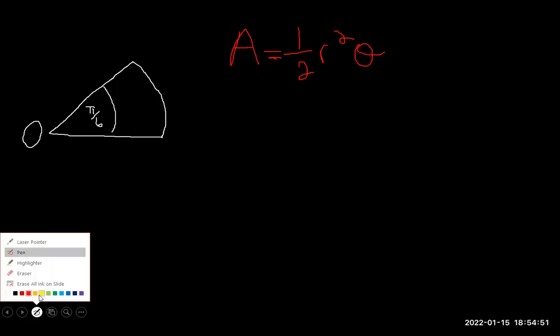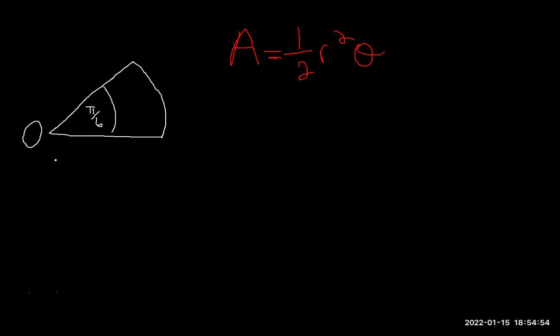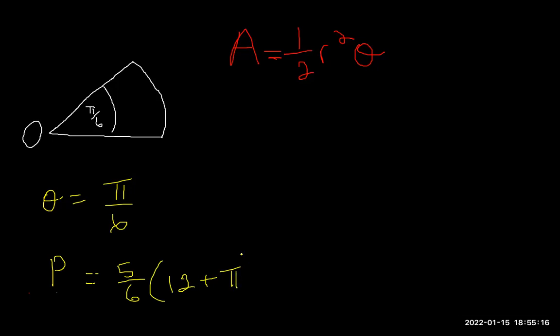Well, let's write down all the information that they gave. They told us the angle, so theta is pi on 6. And they also told us that the perimeter of this sector is given as 5 on 6 by 12 plus pi.